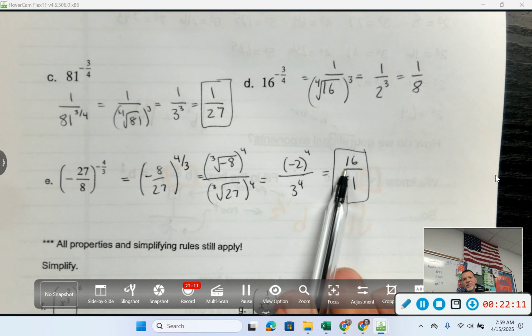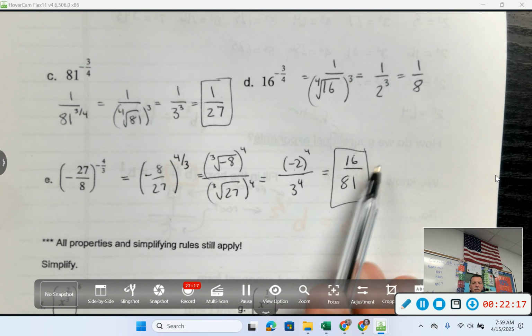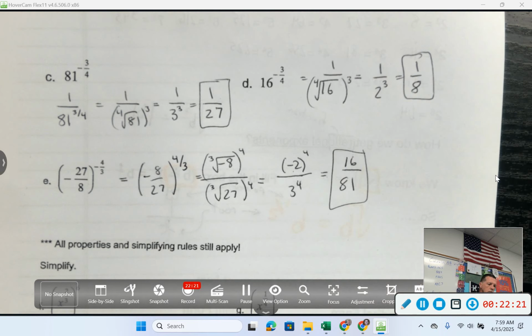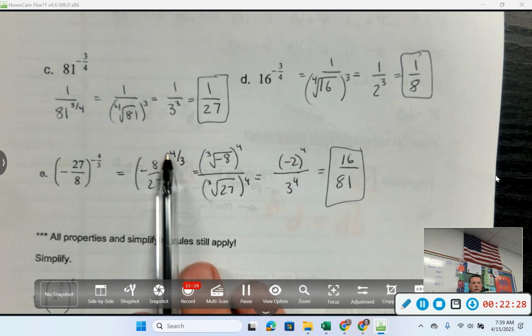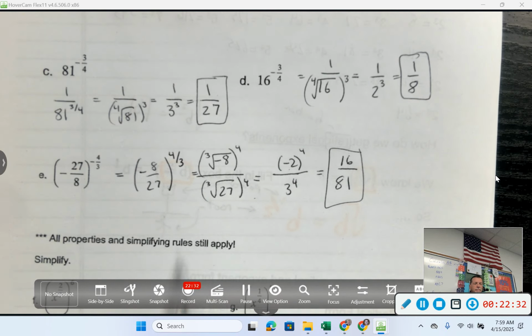And by the way, I know 16 over 81 doesn't reduce, because 16 is made up of a bunch of 2's, and 81 is made up of a bunch of 3's, so there are definitely no common factors in there. And that negative became positive. Some of you saw it right away. You're like, hey, if we raise it to the 4th, anywhere along the way, it's going to wipe it out. And that's fine.